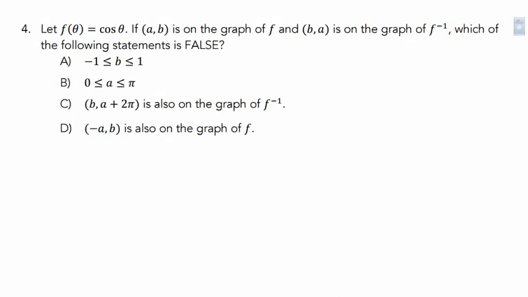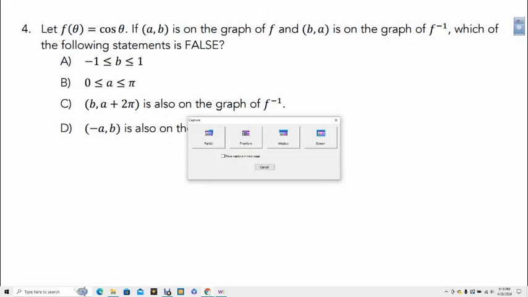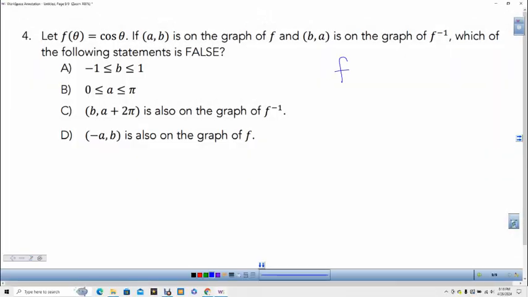All right, so what we're looking for is, let's write some of this stuff out. f of theta equals cosine theta.